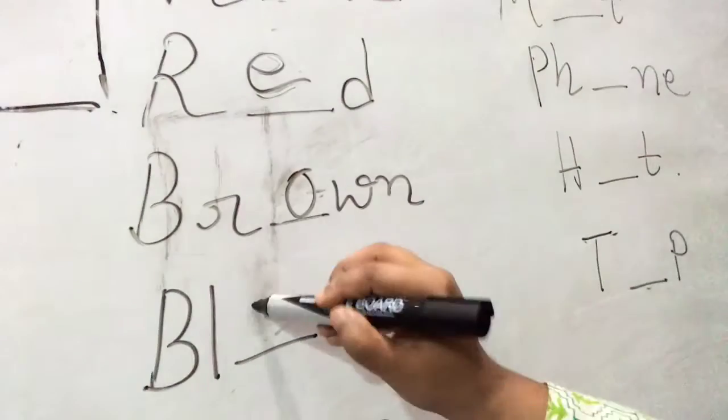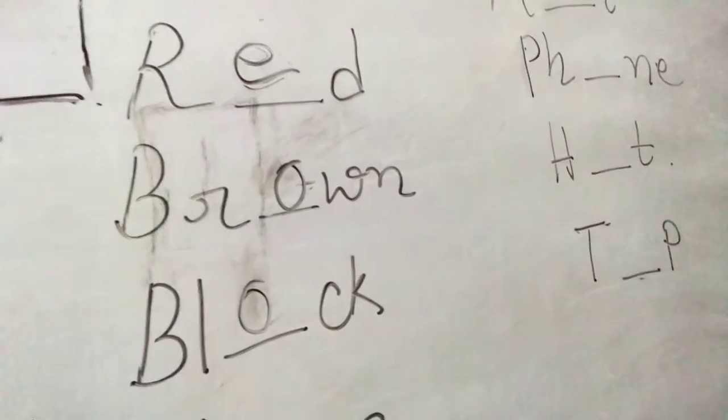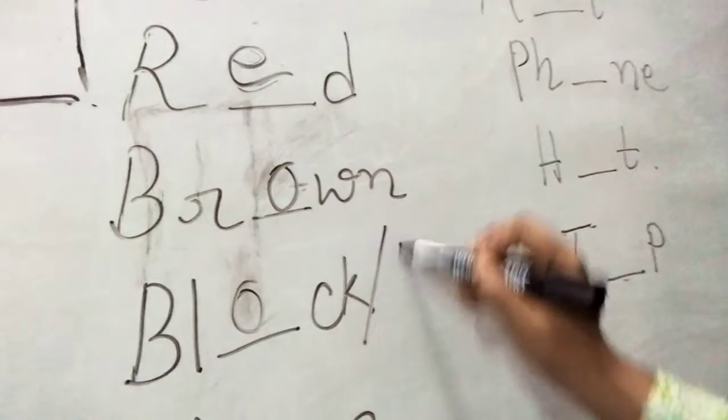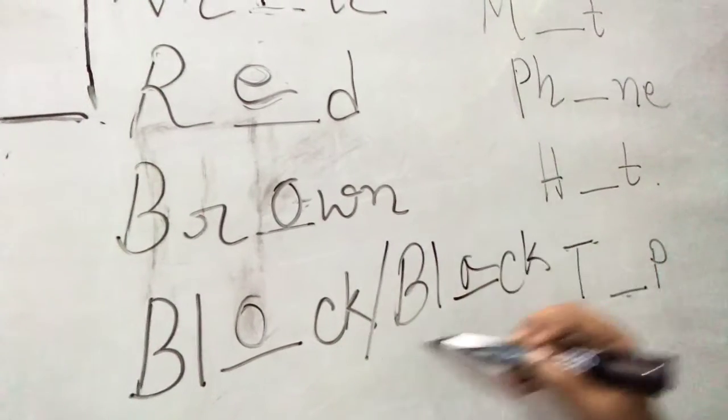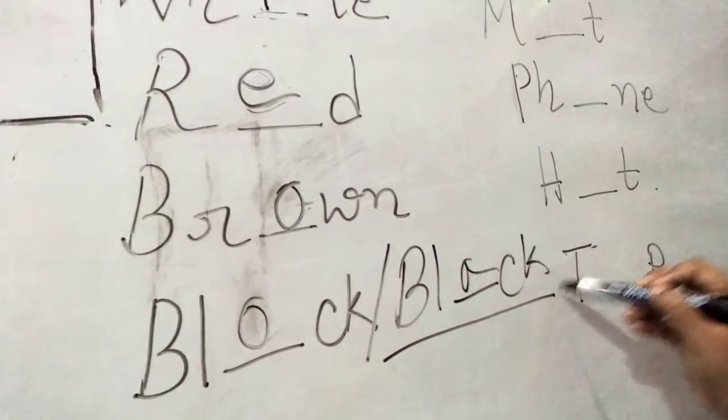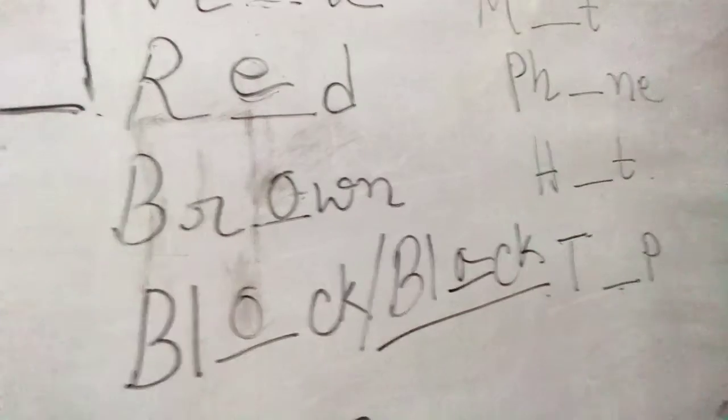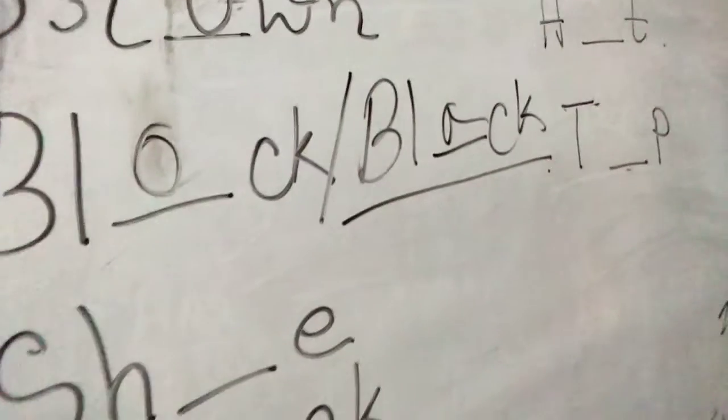If I put O, yeah, block. Block is a word. You can write this, but more specifically, if you write A, see, it's a very common word. It's also a name of a color. Now it becomes black. So black is one of my most favorite colors. I hope you also like it.